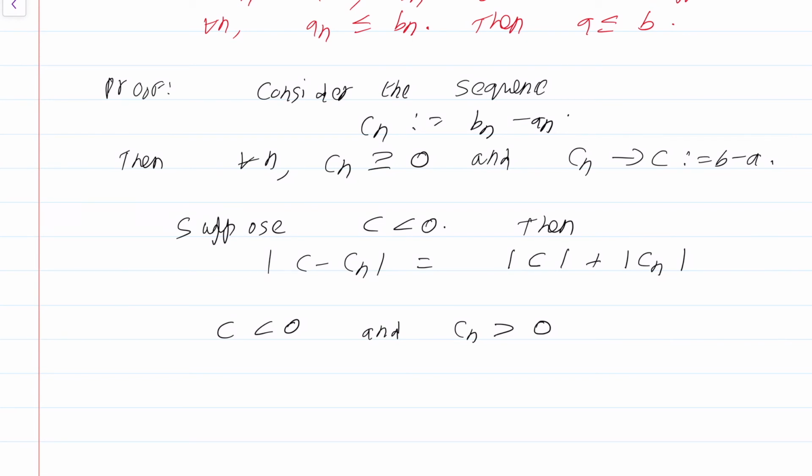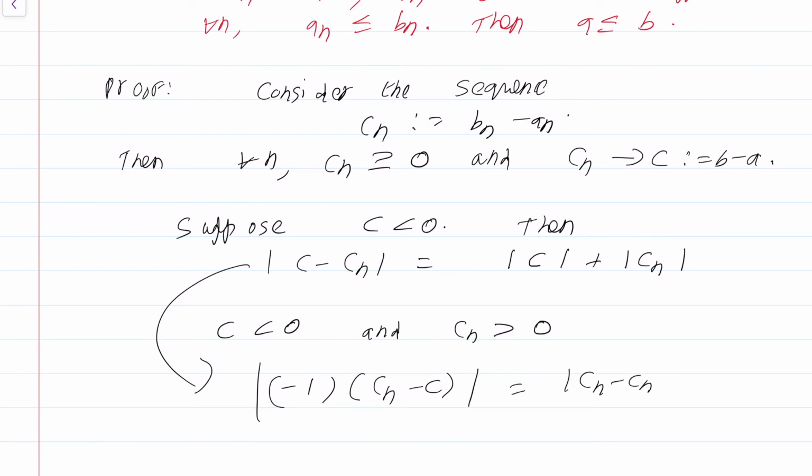Because C is negative and minus Cn is also negative. So this quantity I could have written as minus 1 into Cn minus C, the whole thing modulus, which is the same as mod Cn minus C. I'm just reversing the thing in an unnecessarily complicated way.